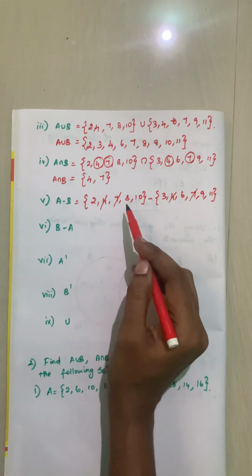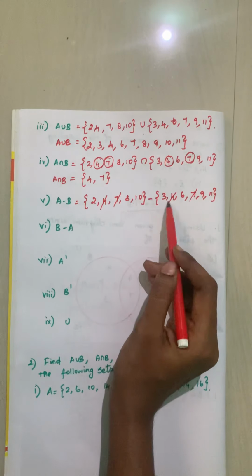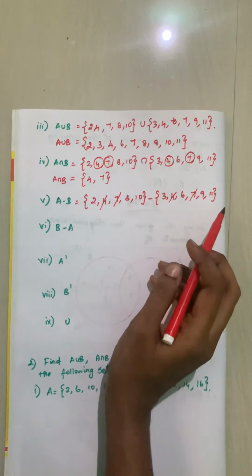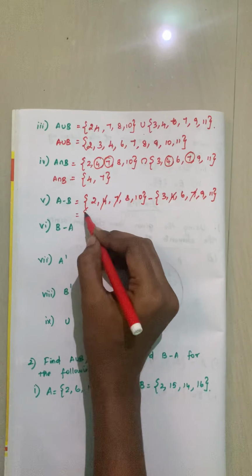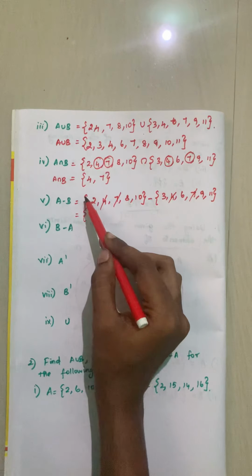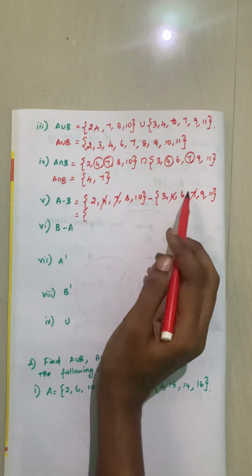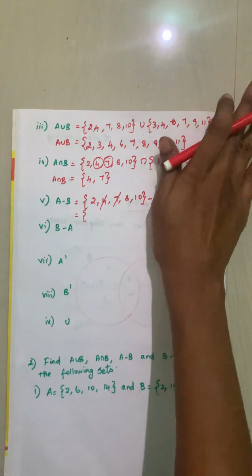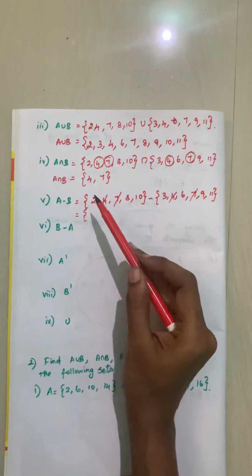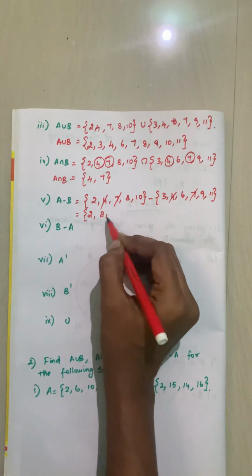If you think about what remains, all will think that the remaining is 2, 8, 10 and 3, 6, 9, 11. But that is wrong. In set language, if A minus B, you have to write the remaining part of the first set. You should leave the second set, take only the first set and see what remains: 2, 8 and 10.